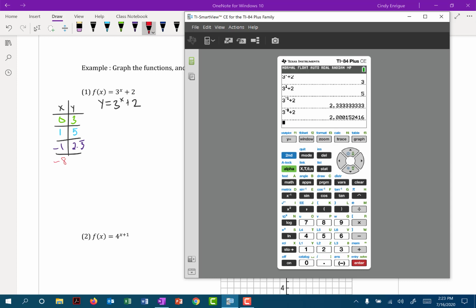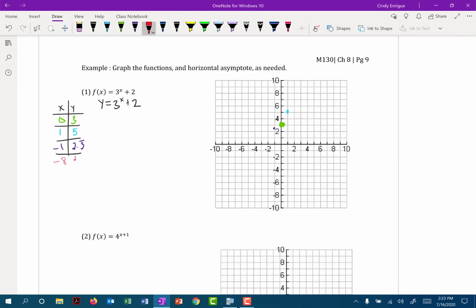So it never goes below the 2. This tells us we are going to have an asymptote right at 2.